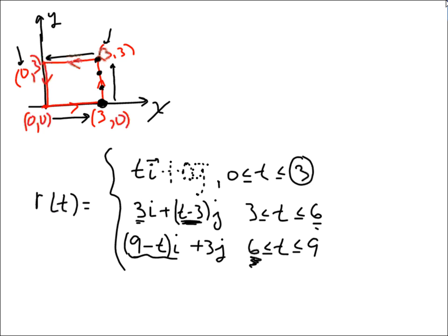When t is 6, this will be 3, exactly the point (3, 3). When t is 7, 9 minus 7 is 2, so it's going to be right here, where x is 2 and y is 3. And eventually t will be 9. 9 minus 9 will be 0, which brings us right here. It's working like a charm, which is good.